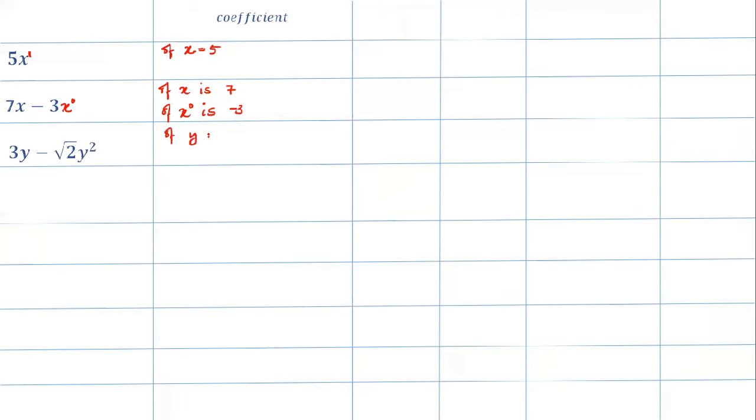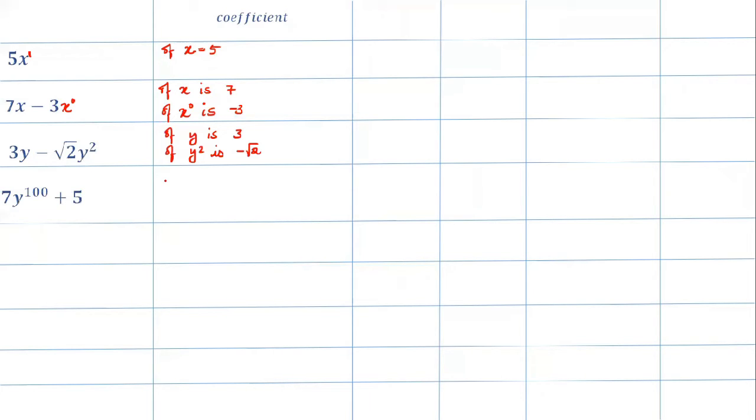Now consider the third example, 3y minus root 2y square. Coefficient of y is 3. Coefficient of y square is minus root 2. Coefficient can be any number, but power of the variable should be a whole number.